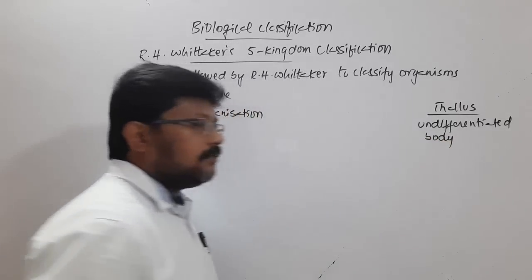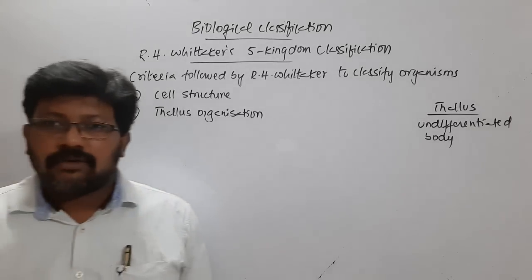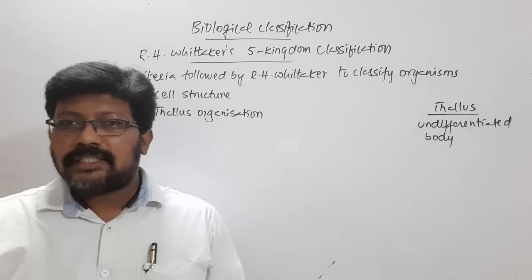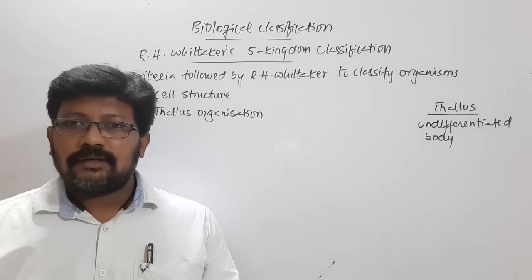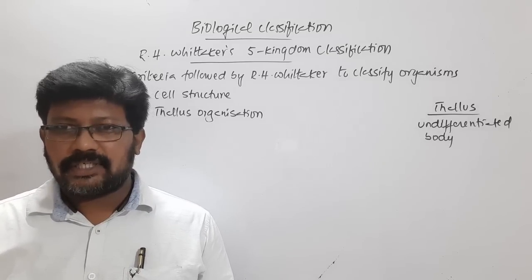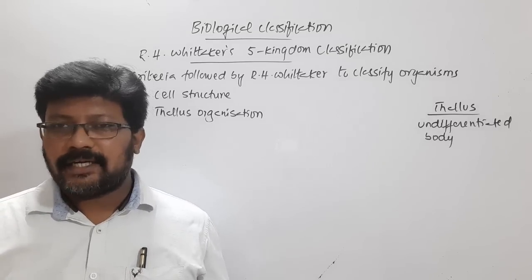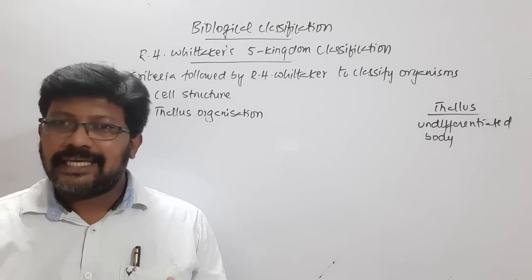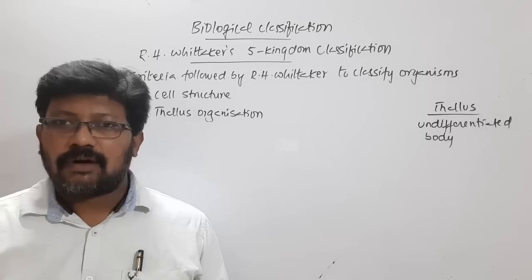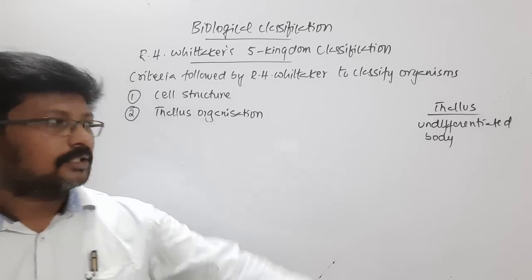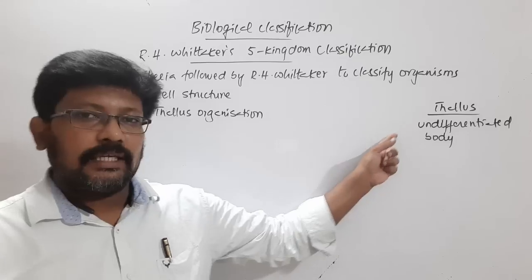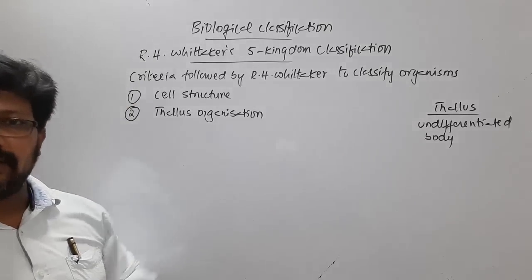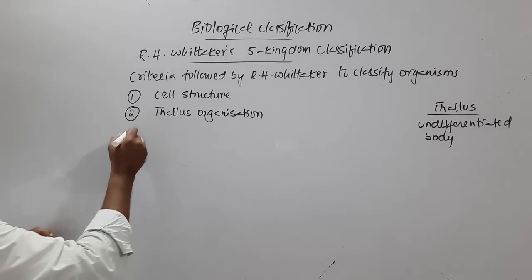We use this word mostly in lower groups of organisms, like bryophytes and algae, where the body is not differentiated into root, stem and leaf. For that reason, we say they have thallus organization. So he considered even that thallus organization for his classification.